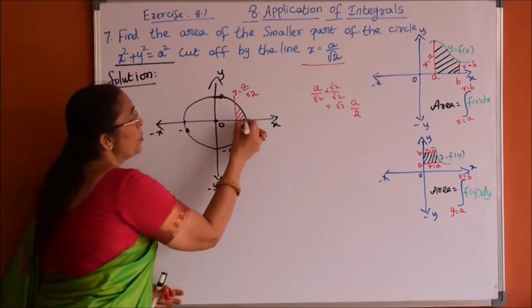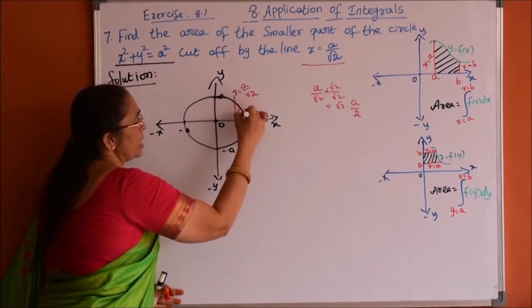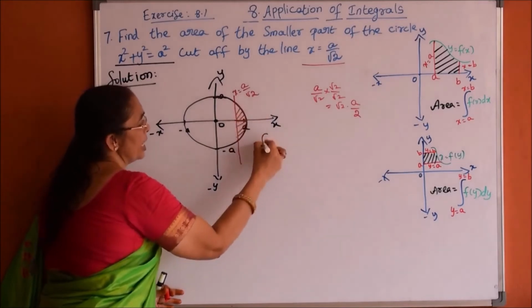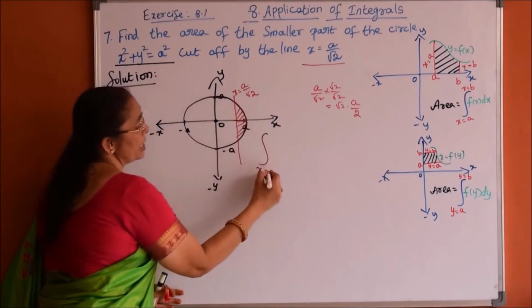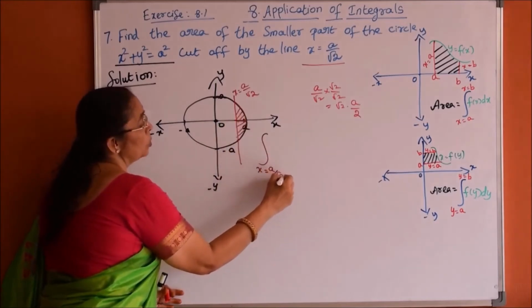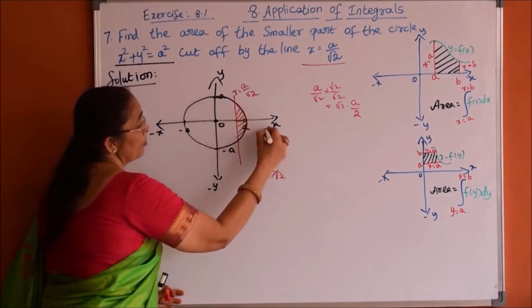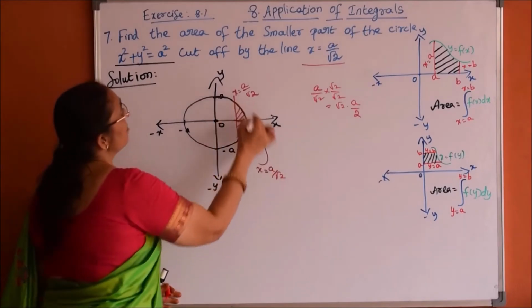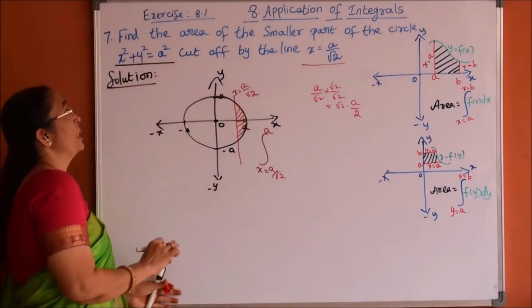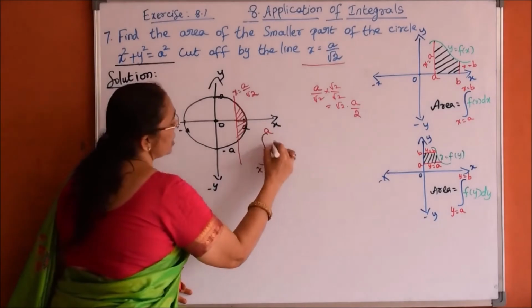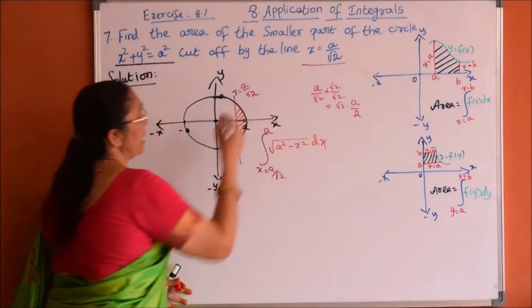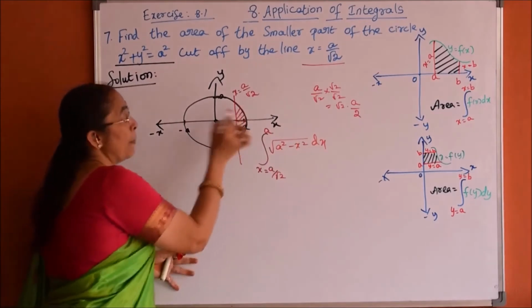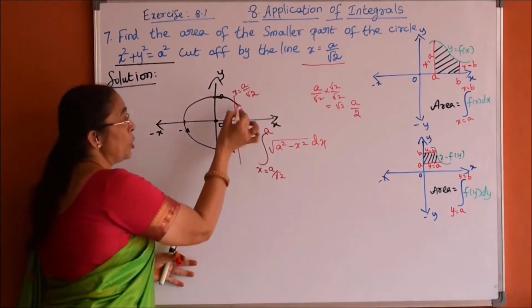For this particular area, x is varying from a by root 2 to a. The curve is the circle curve, root over a square minus x square. This integration represents only the upper part, but we need the whole part.